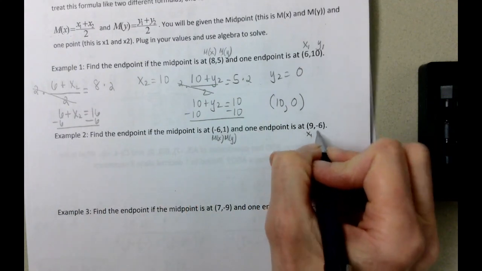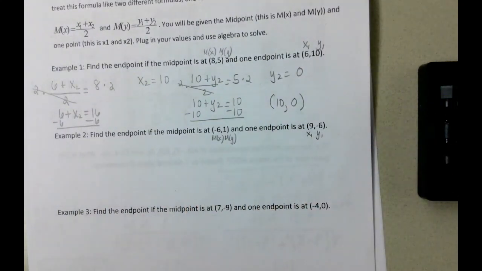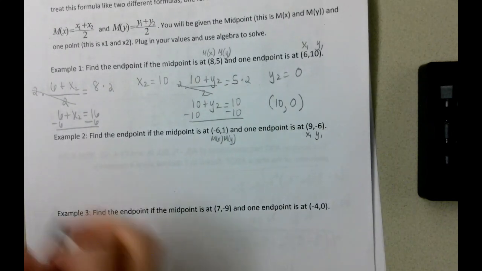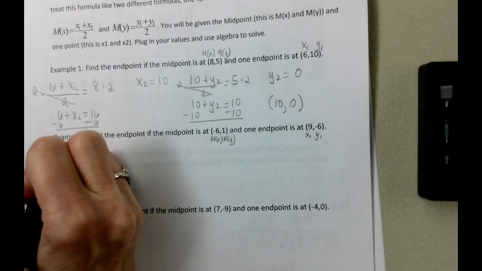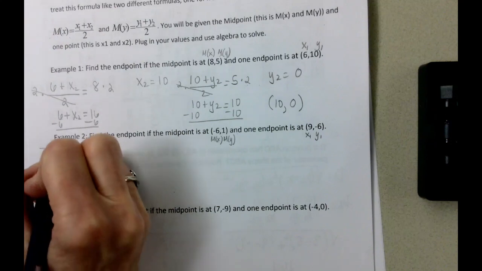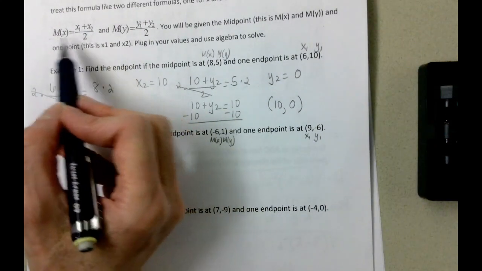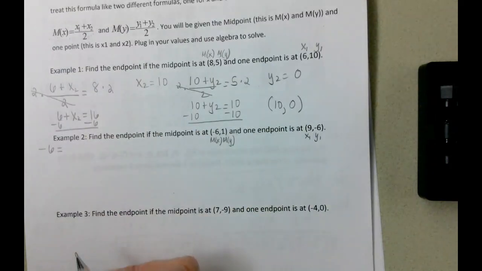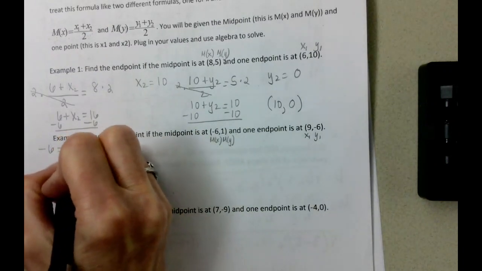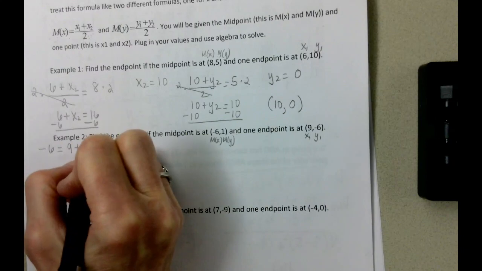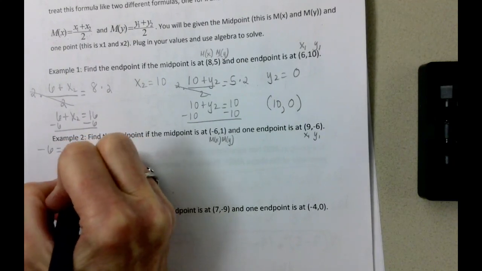So here's x1 and y1. So when we set this up, negative 6 equals, following exactly this formula right here, negative 6 equals 9 plus x2 divided by 2.